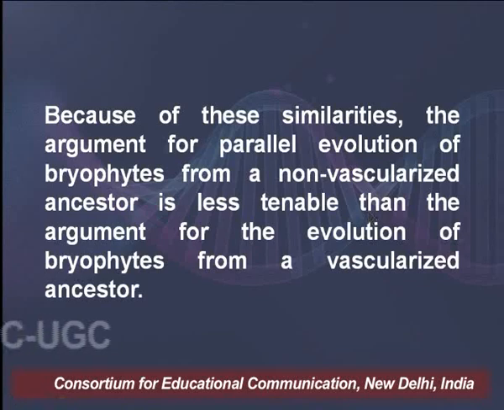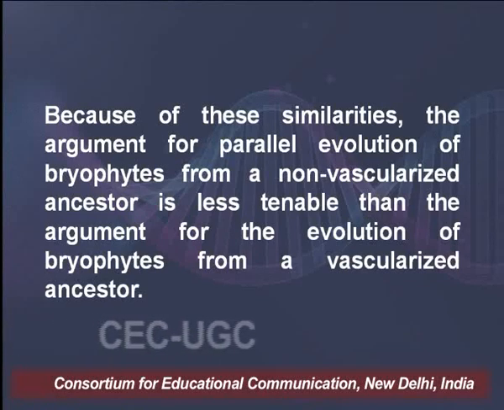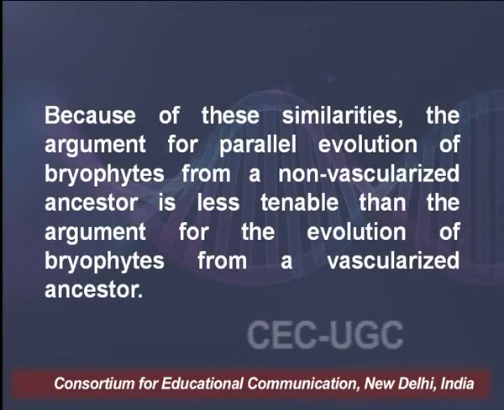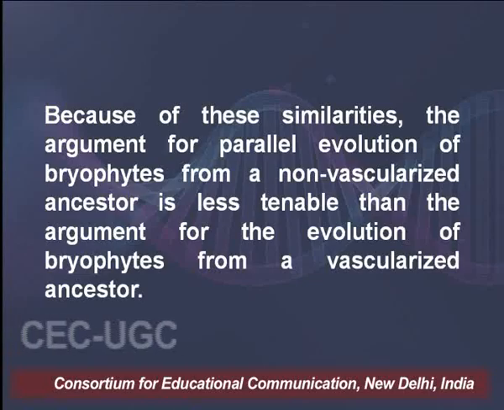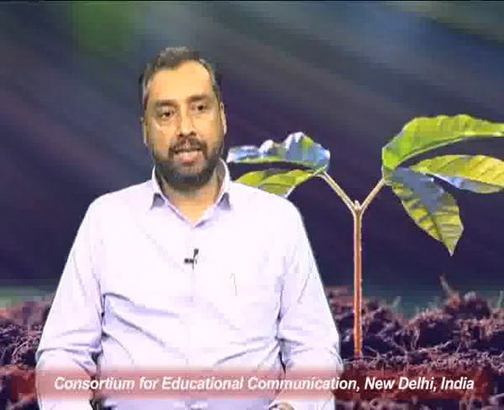Because of these similarities, the argument of parallel evolution of bryophytes from a non-vascularized ancestor is less tenable than the argument for the evolution of bryophytes from a vascularized ancestor. This collection of similarities should be considered ancestral, just as the cuticle and stomata in mosses are considered persistent ancestral features.